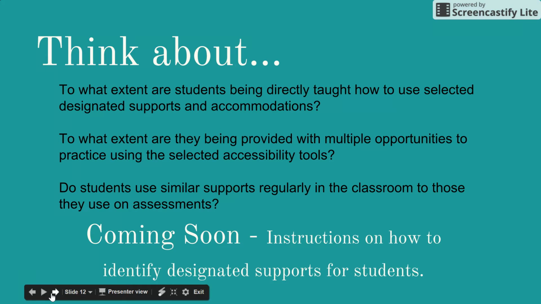But at this time, we ask your group to think about the questions on the screen in front of you and think about the extent that students are being directly taught how to use selected designated supports and accommodations. Can those practice and training tests benefit your staff and your students? Also think about to what extent your students are being provided with multiple opportunities to practice using those tools.